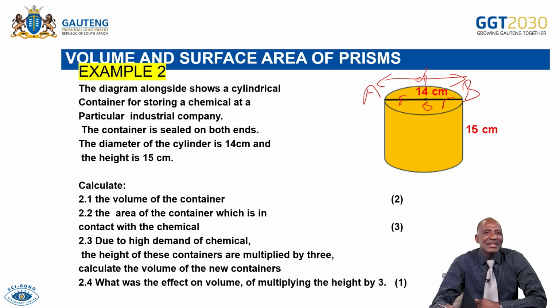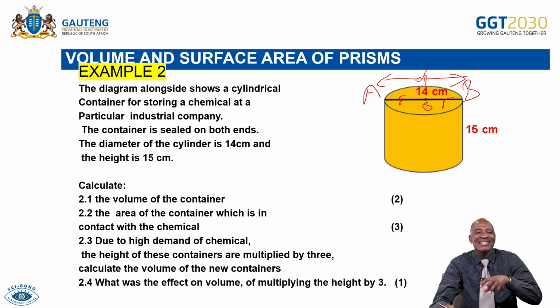Then the diameter of the cylinder is 14 centimeters and the height is 15 centimeters. It was just a small cylindrical shape that is used for storing chemicals. The first part of the question says, calculate the volume of the container for 2 marks. The next part of the question says, determine the area of the container which is in contact with the chemical.